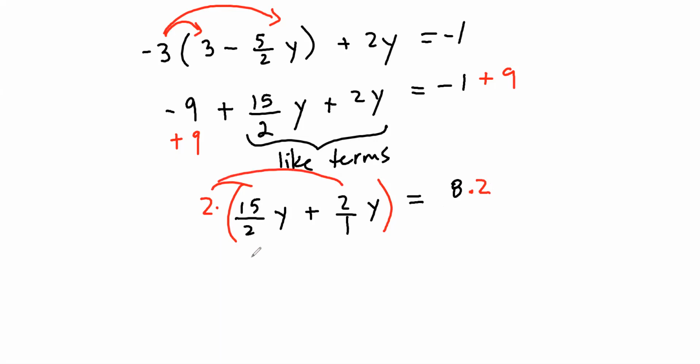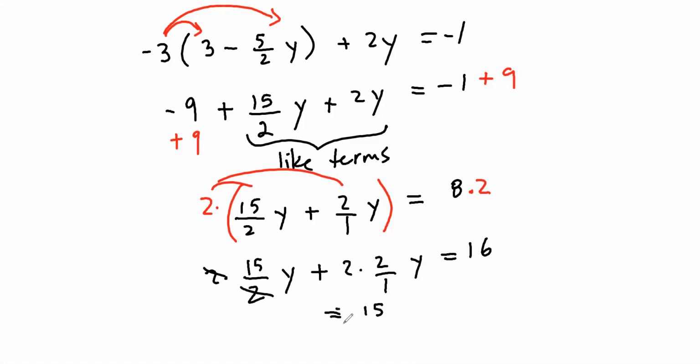So 2 times 15 over 2, y, plus 2 times 2 over 1, y, equals 16. This 2 cancels out. So we get 15y plus 4y equals 16. Then we have 19y, if I combine these two because they're like terms, equals 16.